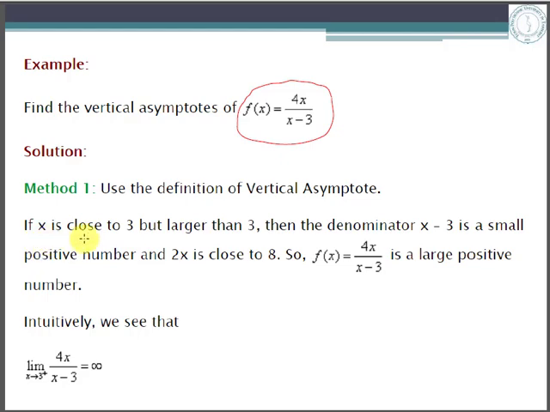If x is close to 3 but larger than 3, then the denominator x - 3 is a small positive number, and 4x is close to 12. So this function is a large positive number. We can see that the right-side limit of this function is equal to plus infinity. So it satisfies our definition.